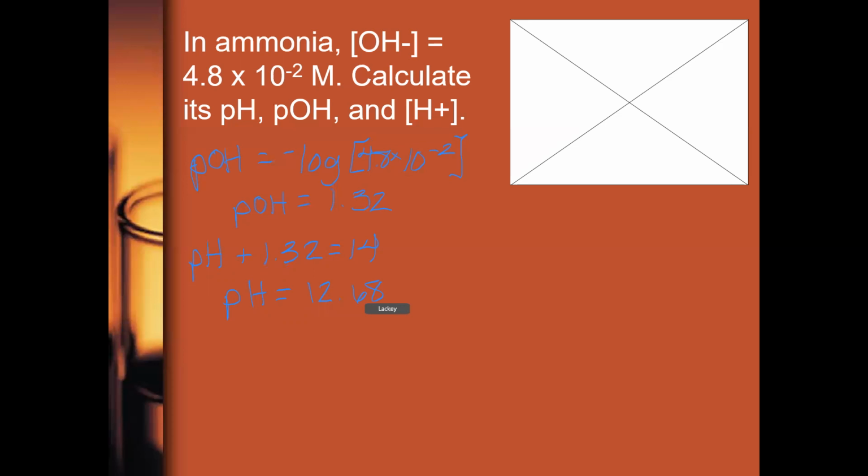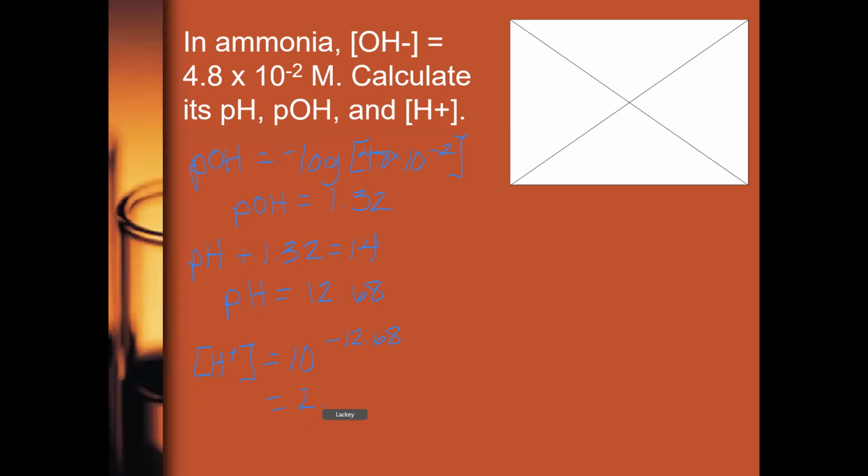And then to find H plus, we can either find that using OH negative or pH. I'll solve using pH. So remember, the hydrogen ion concentration is equal to 10 to the negative pH, which is going to give us a concentration of 2.1 times 10 to the negative 13th.